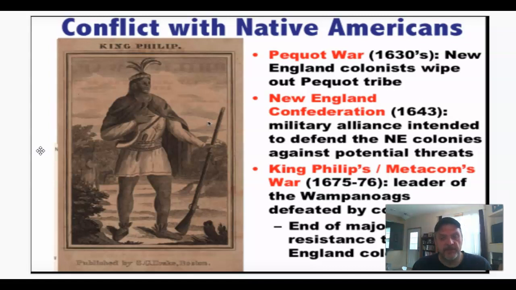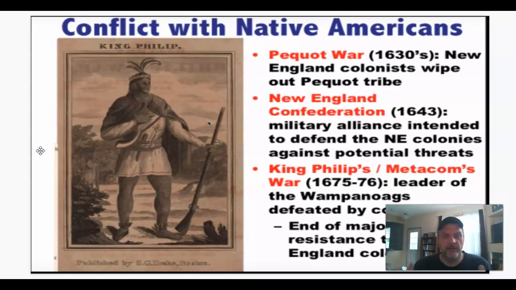And this war, King Philip's War, or Metacom's War, is significant because it basically signified the end of any type of major resistance between the New England settlers, the colonists there, and American Indian groups. Okay, so that kind of put a stamp on what would basically be 60, 70 years of conflict.